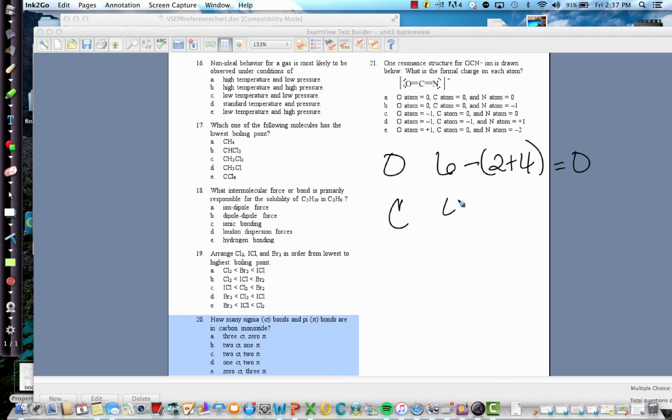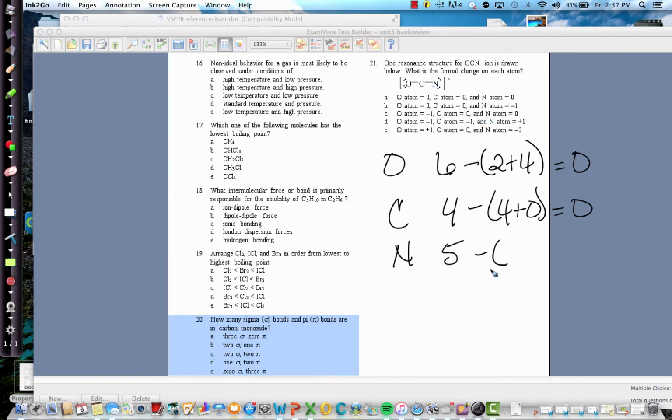So now let's look at carbon. Carbon has 4 valence electrons. I'm going to subtract the number of bonds. So it's 1, 2, 3, 4, plus the number of lone electrons, which is 0. So 4 minus 4 would just be 0. All right, and then nitrogen. Nitrogen has 5 valence electrons.